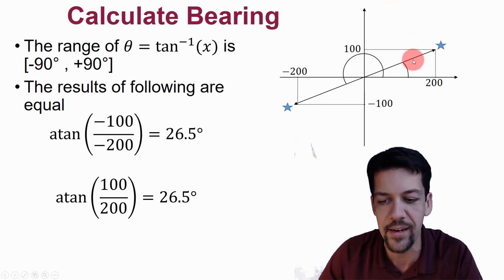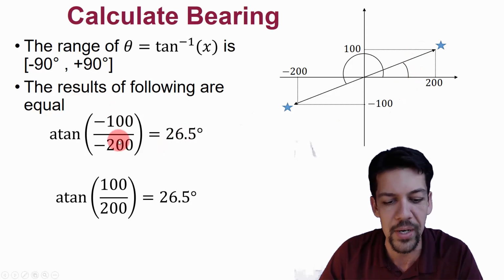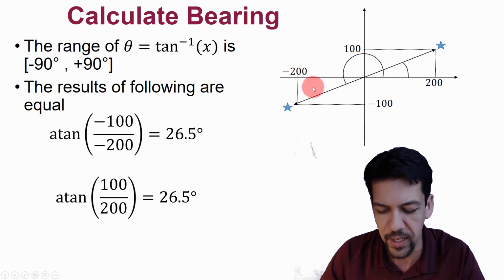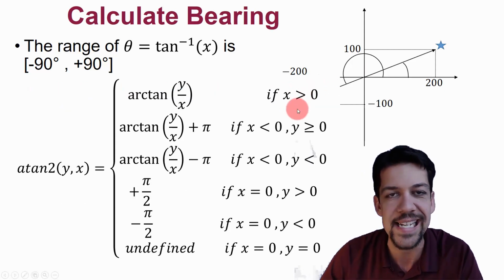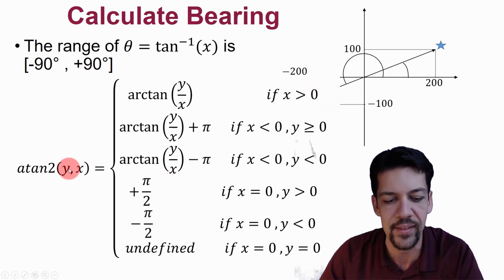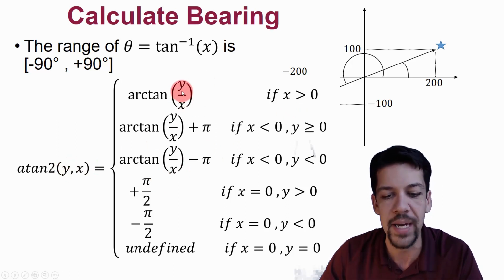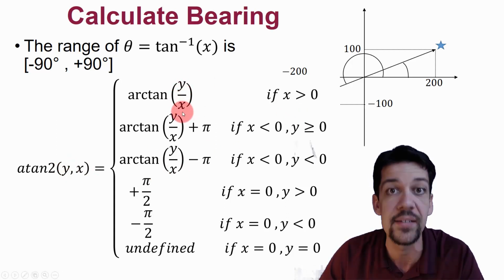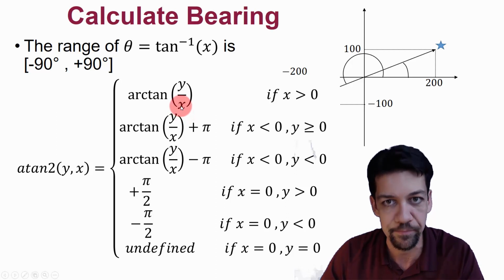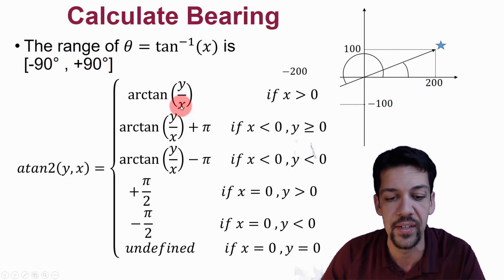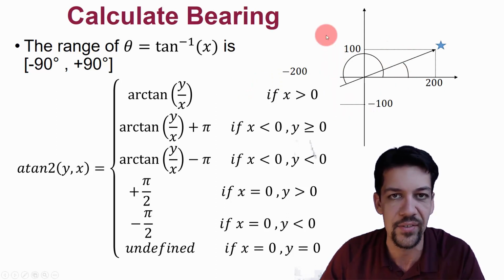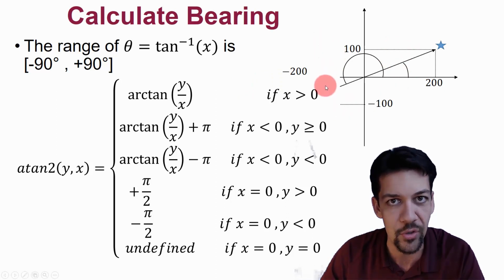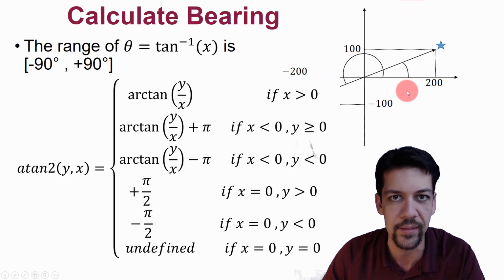But if both of them are negative, we end up getting the same angle mirrored across. So what we can do is use the atan2 operation, which takes the y and x, and based on the relationship between these, figures out if this is an angle in the first quadrant, or in the second or third quadrants rather than the first and fourth.